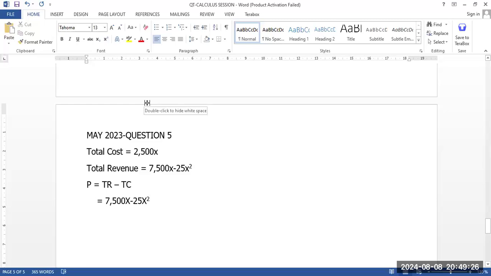Then minus, always put brackets, always put brackets. Sometimes you may find that you have a bigger function for total cost, and the negative can affect what you have in the bracket. So don't forget that.